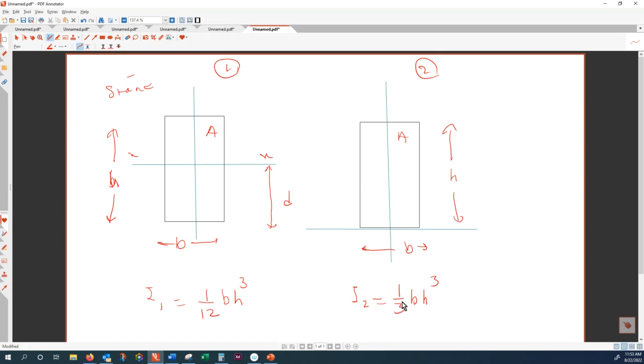So the question is, how do you go from this standard value to non-standard? You can write it this way: my non-standard moment of inertia is equal to that of a standard plus a penalty. The penalty is d squared multiplied by area. So that is the theorem of parallel axis.